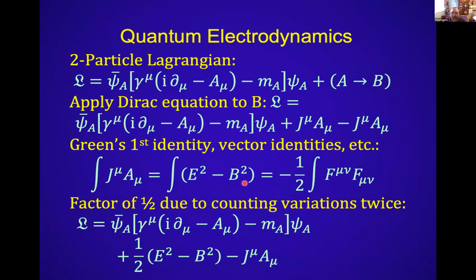And in QED, you vary the potentials, but you don't vary the currents, whereas here you vary the electric field twice, basically. So there's a factor of half gets tossed in, but this results in the QED Lagrangian for a single particle. Okay, of course you'd have to generalize to multiple particles to really get QED.